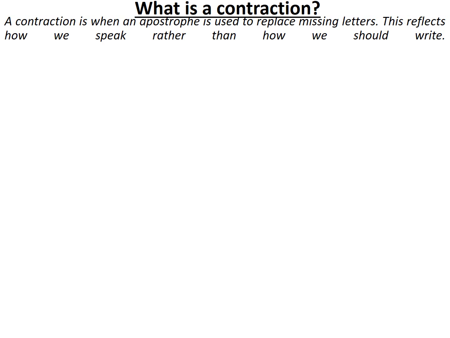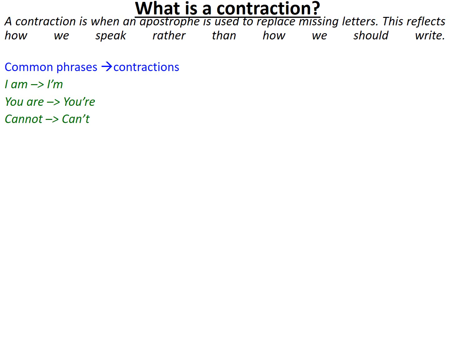Let me give you some examples of common phrases as whittled down into their contractions. So as opposed to saying I am, I could say I'm. As opposed to saying you are, I'd say you're, with an apostrophe after the you.